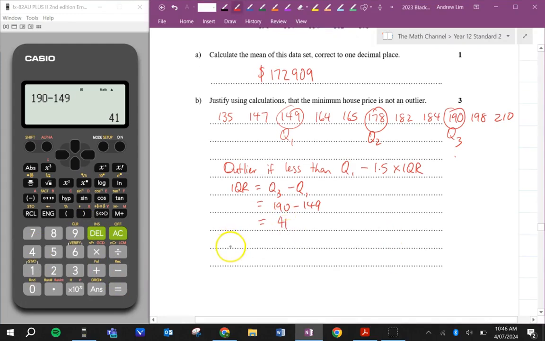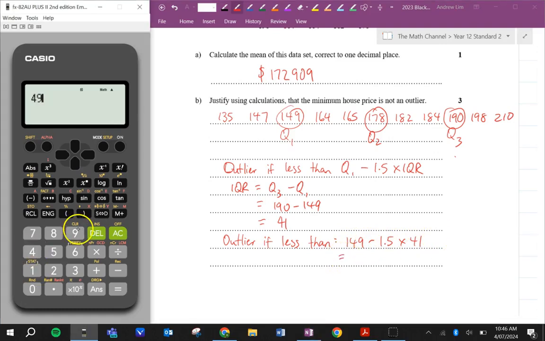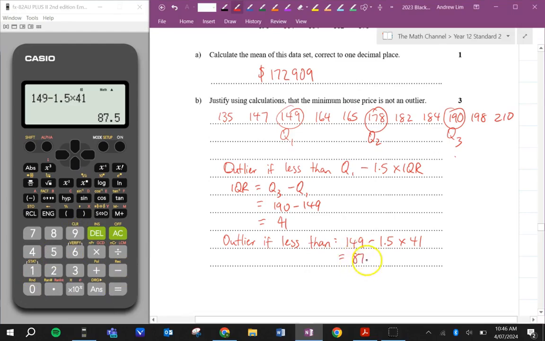And so outlier if less than Q1, which is 149, minus 1.5 times the interquartile range of 41. 149 minus 1.5 times 41 is 87.5.